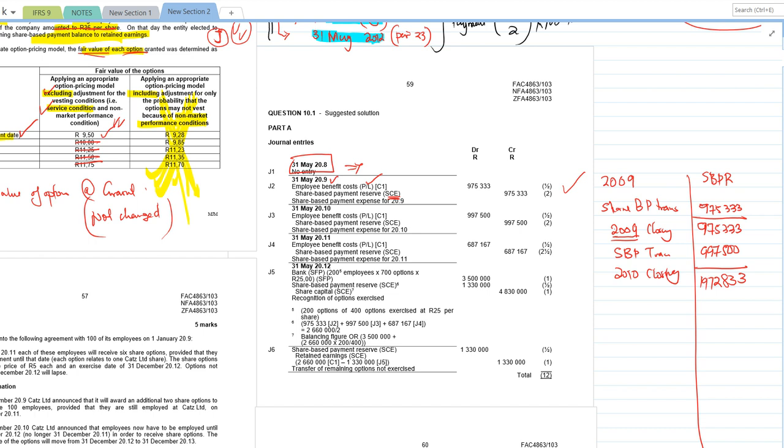And then in 2011, we also still have the same transaction. Now it's going to be plus 687,167. And then this gives us how much? Again, we have a share-based payment transaction, guys. It's happening every year.